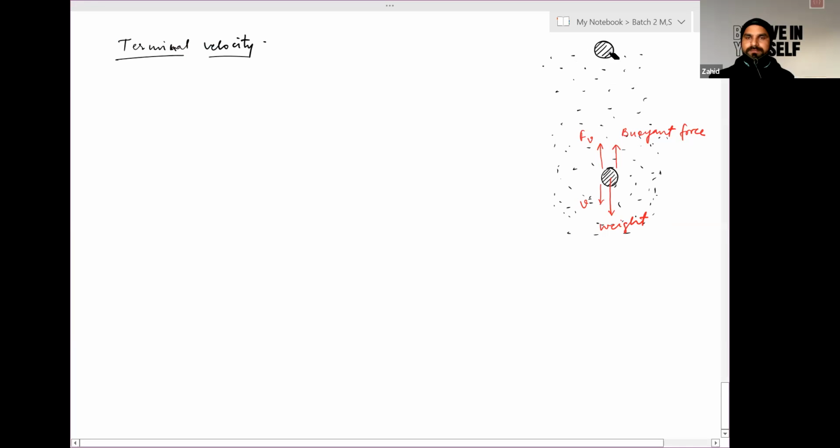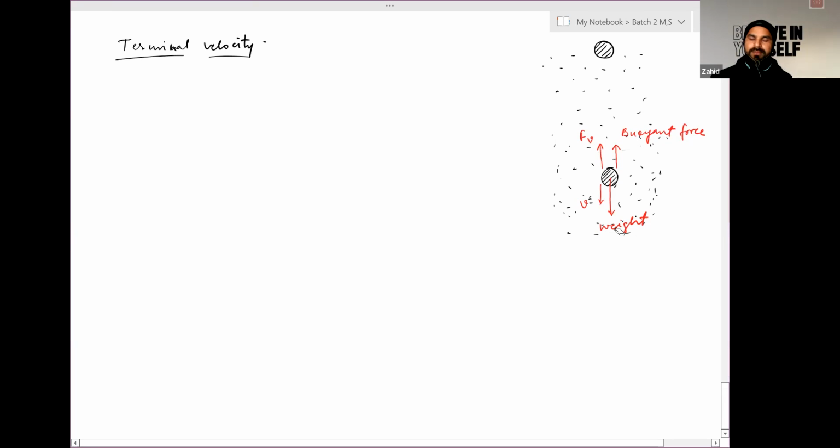Suppose there is a body which is initially dropped in a viscous medium, or maybe projected with some velocity u. On moving down, it may have acquired some velocity v. Due to this velocity, there will be some viscous force experienced on it in the opposite direction. Next, since it is acted upon by gravity, it must be experiencing weight in the downward direction.